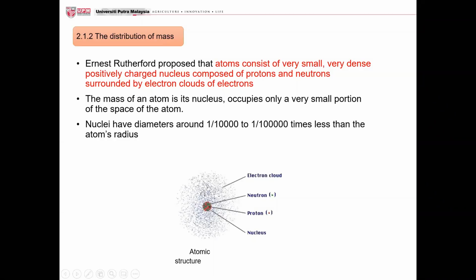In the middle, we have the nucleus. Inside the nucleus, we have neutrons in yellow color and protons in red color. Protons are positively charged. Neutrons have no charge, which is 0. The nucleus is surrounded by the electron cloud, which contains electrons moving in orbitals around the nucleus.